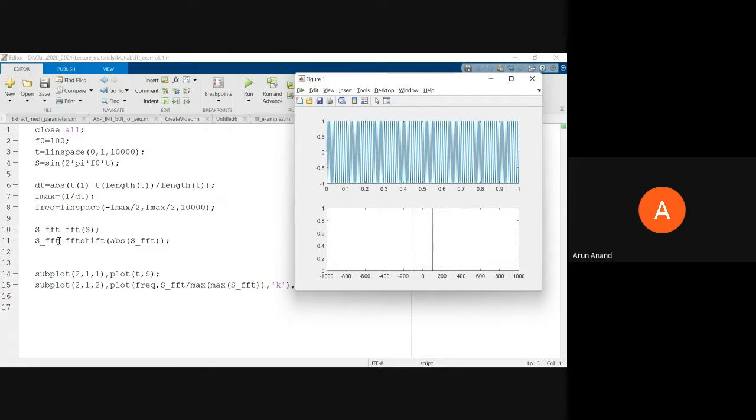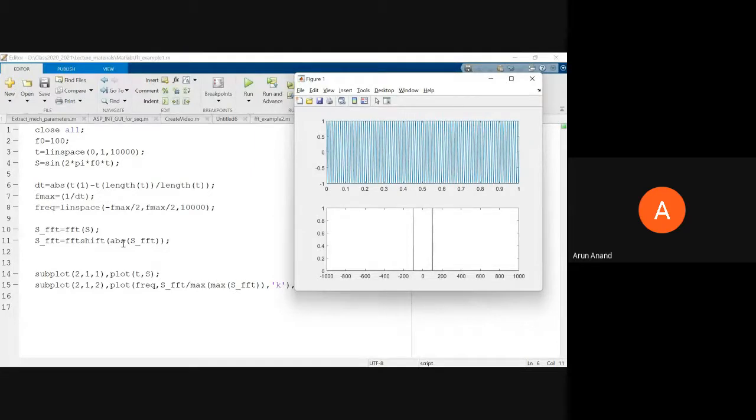And then you shift the DC part to the center. Of course, there is an absolute value here. Your Fourier transform, you already know, is e raised to i 2 pi ft, so it is going to be an array of complex numbers. Complex numbers have a real and an imaginary part. Usually when you talk about the Fourier spectrum, you are talking about either the amplitude or the power spectrum, usually the power spectrum.